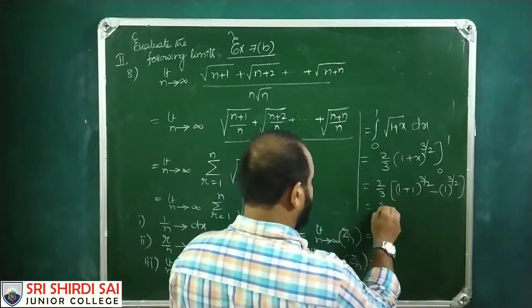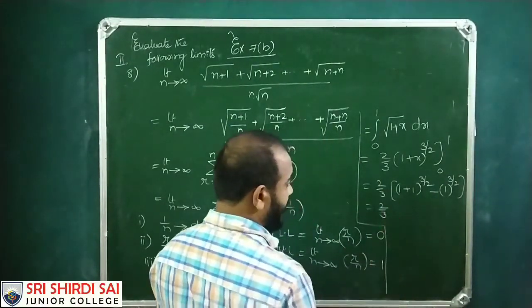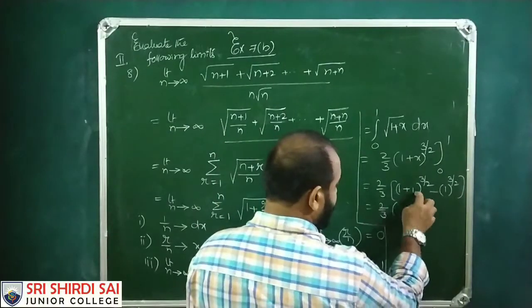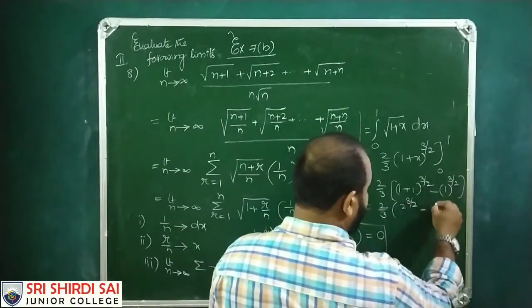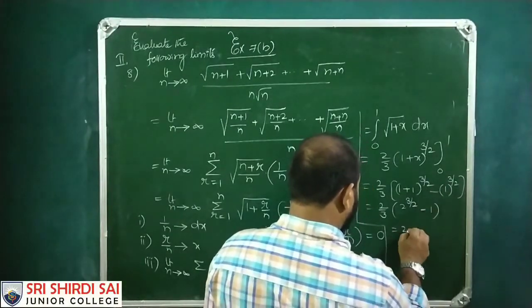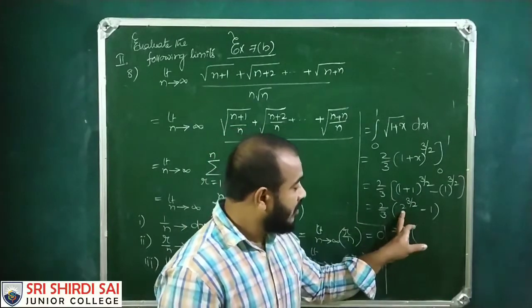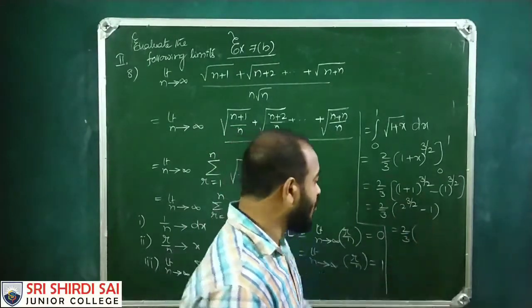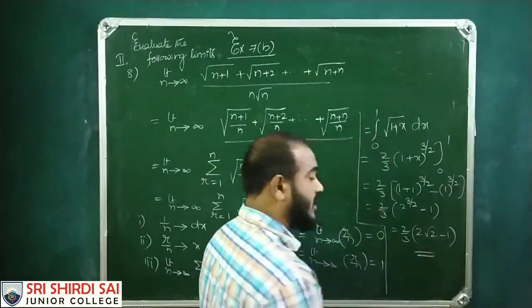This is equal to 2 by 3, 1 plus 1 is 2, 2 power 3 by 2, minus 1 power something is 1, so 2 by 3 into (2 power 3 by 2 minus 1). 2 power 3 by 2 is 2 power 2 into 2 power 1 by 2, so 2 by 3 into (2 root 2 minus 1), so this is the answer.